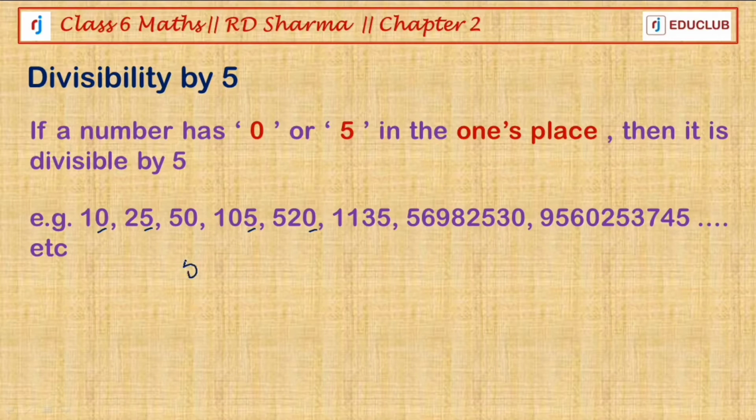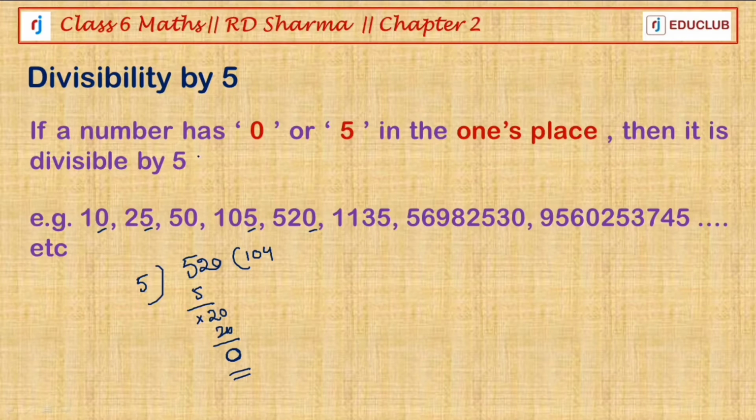We will divide 520 by 5. 5 ones are 5. 2 down, we will take 0. 5 fours are 20. Remainder is 0. So it is divisible by 5.